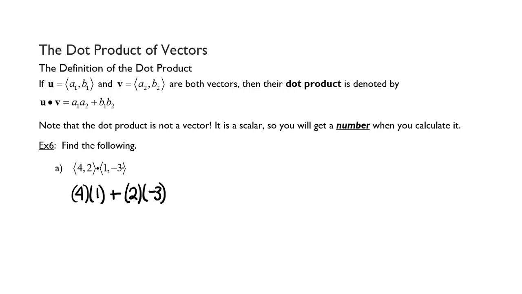Notice that I've not worried about the negative sign until the very end. 4 times 1 is 4, and 2 times negative 3 is negative 6. If we add 4 and negative 6, we get a negative 2. And that is my scalar.